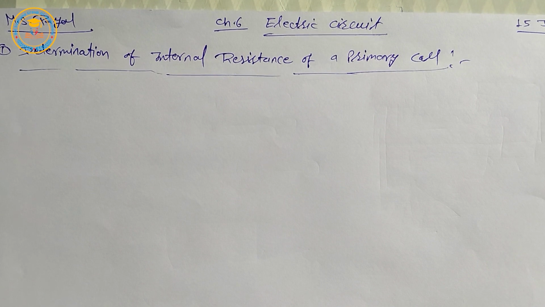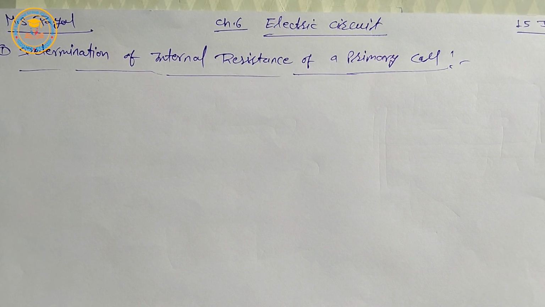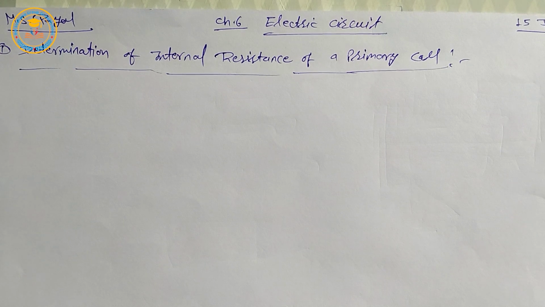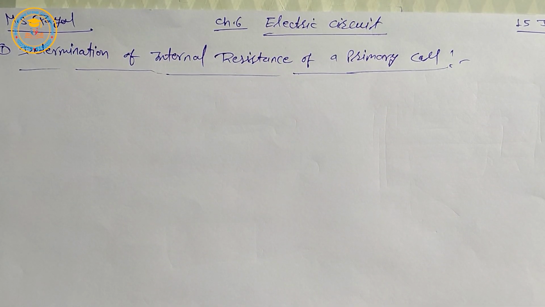What is a potentiometer? A device which is used to measure an unknown potential difference accurately between two terminals in an electric circuit. That is a potentiometer.